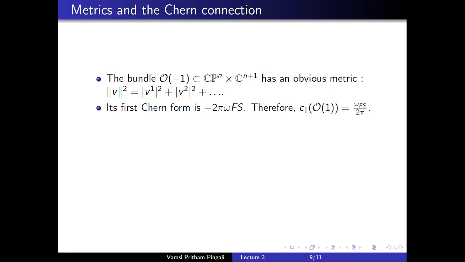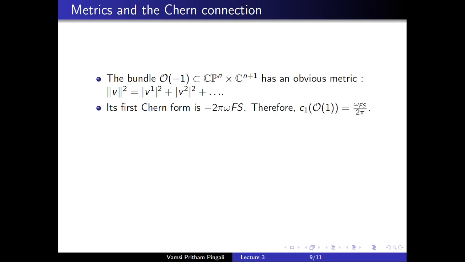As a consequence, this metric induces a metric on O(1). How exactly? If you give me a one-dimensional vector space and you choose a basis for it, a metric is simply a positive number that tells you the length of the basis vector.